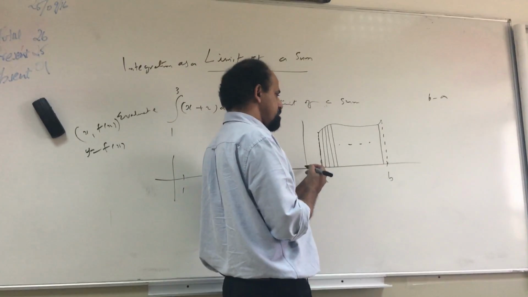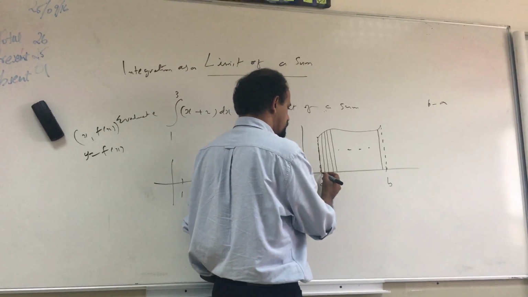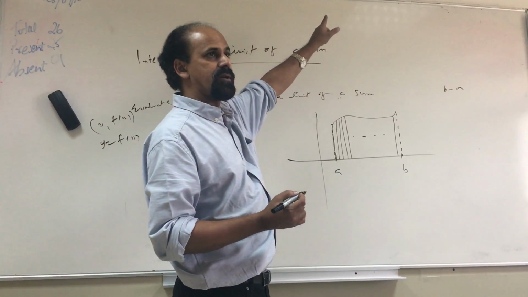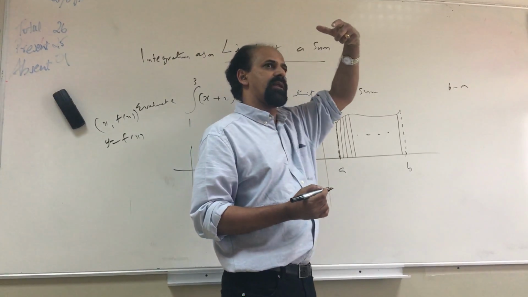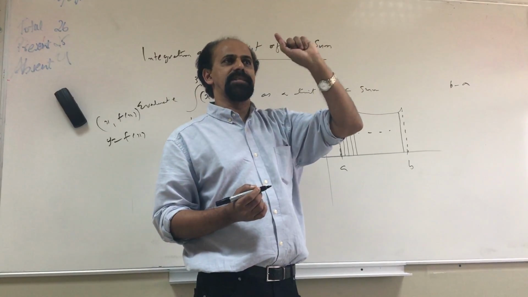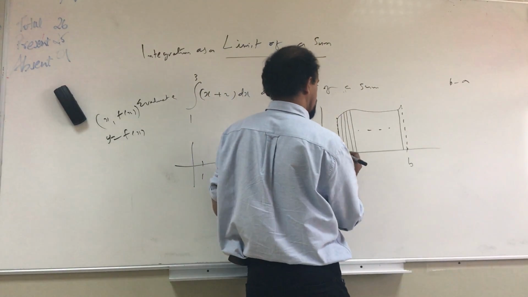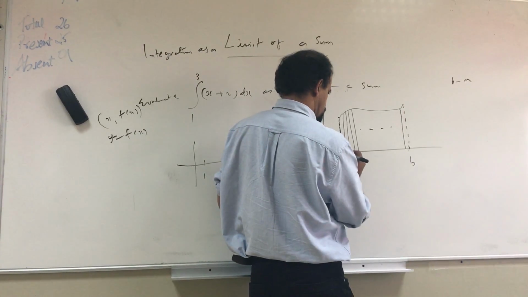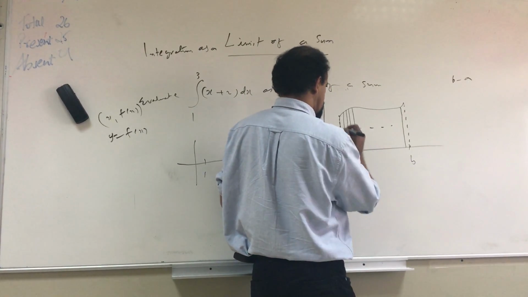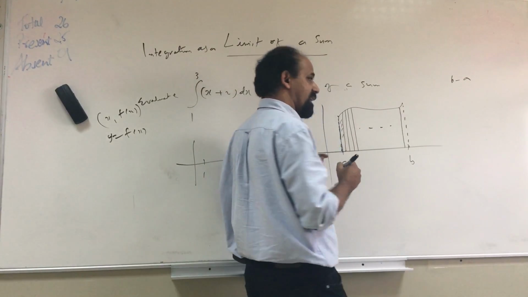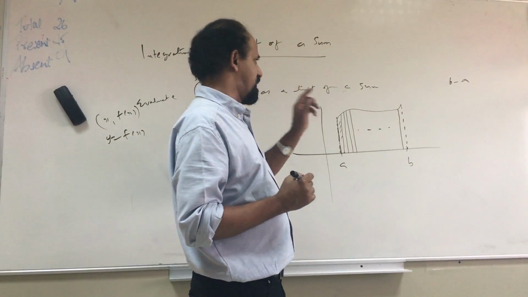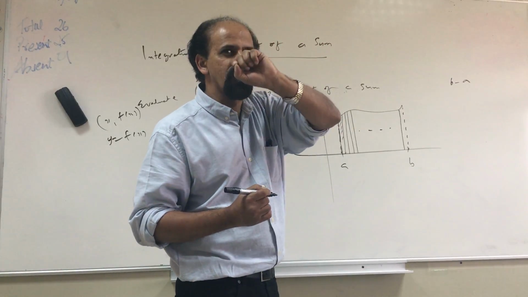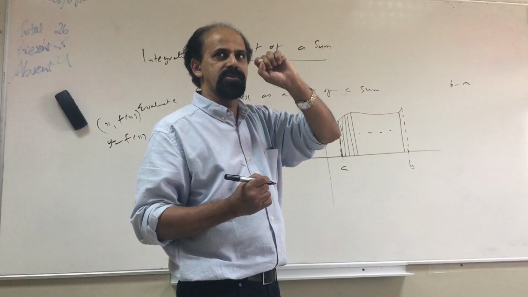Now, this small width of the rectangle, did you observe when I wrote in the formula h tends to 0? h is the width you are considering, the small length, like a delta x. So what is the area of this rectangle? How can you consider it a rectangle when on the top it's a curve? But h is tending to 0, a very small value.